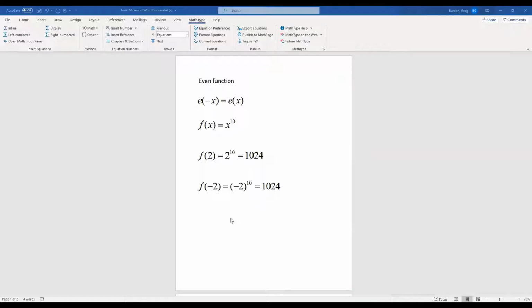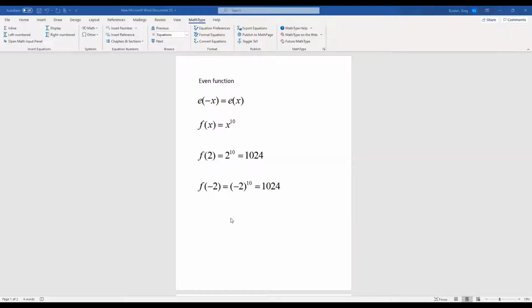Those aren't the only functions that are even. It's not just the power functions that have an even exponent. So, for example, in trigonometry, if you have any experience of trigonometry, it turns out that the cosine function and its reciprocal, the secant function, both of those are even functions. The absolute value function is also an even function.